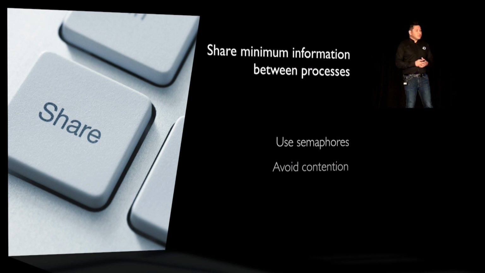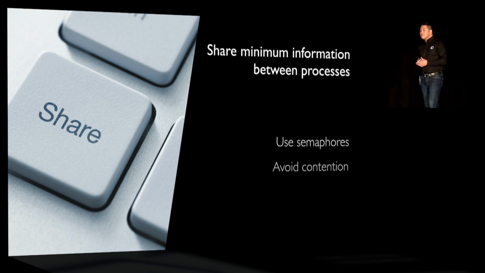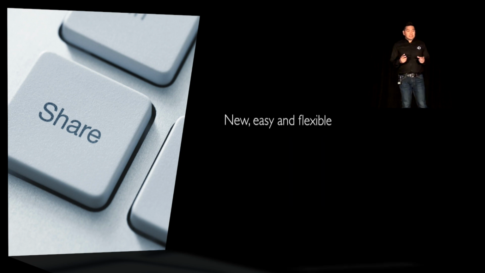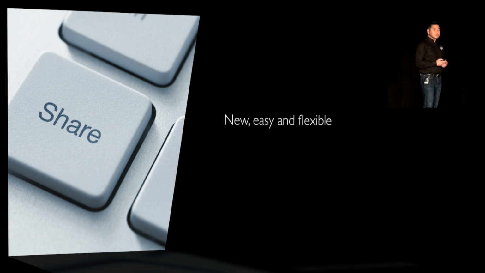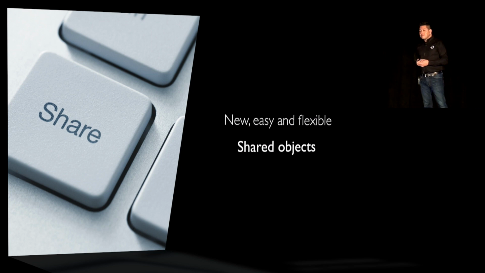So we had to come up with an alternative way to deal with that type of usage, allowing you to pass information from one process to another without breaking any rule or law of multi-thread programming. And I think we found it: a new, easy and flexible way to share information among processes, and that's through the use of shared objects.